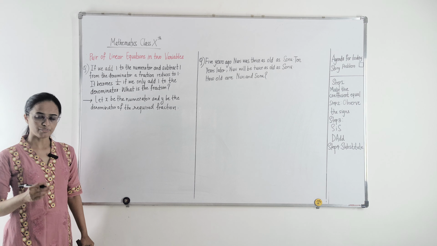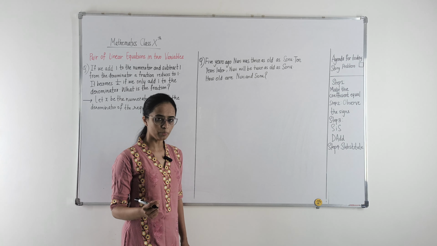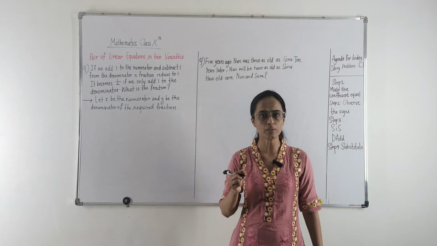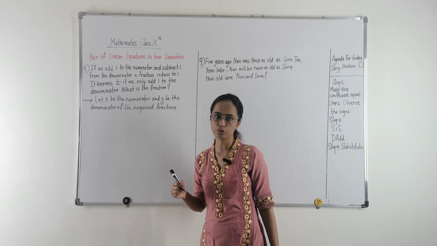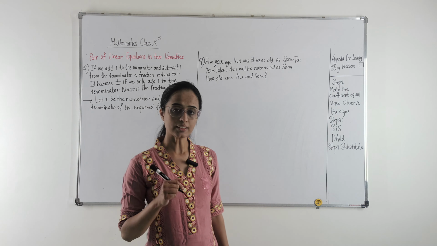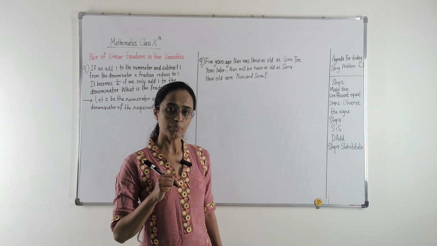Once we have set the variables, that is x as the numerator, y as the denominator, now let us use the given conditions to frame two equations, that is pair of linear equations in two variables.